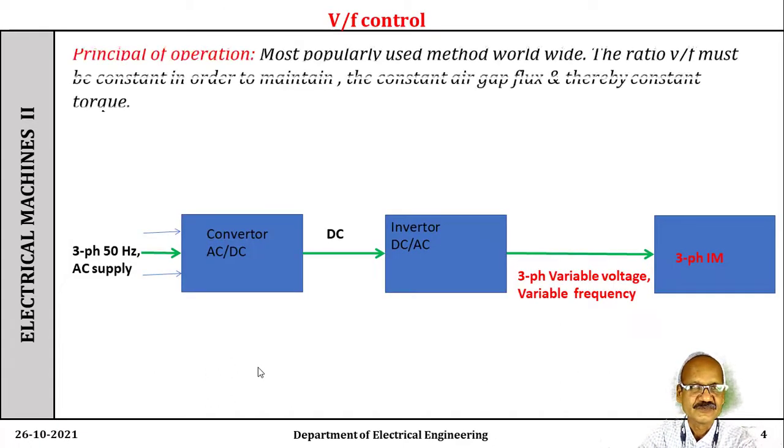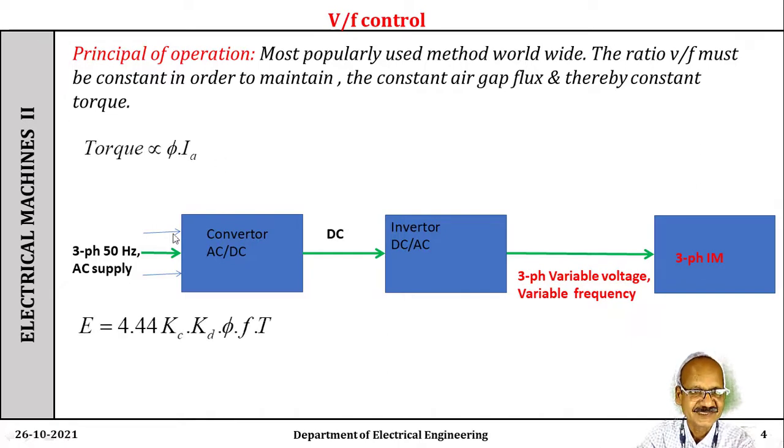Okay, the most popular method is V by f control, which is the most popularly used method worldwide. The ratio of V by f must be kept constant in order to maintain the constant air gap flux and thereby the constant torque. The reason is the torque is proportional to phi Ia, and the EMF induced in the induction motor is 4.44 kc kd phi f Tph.